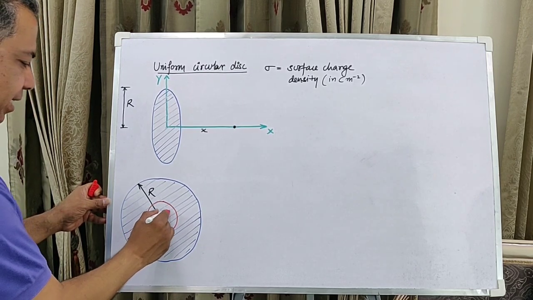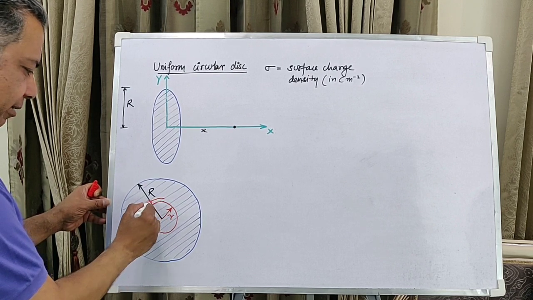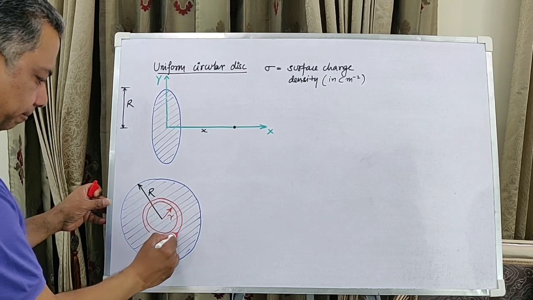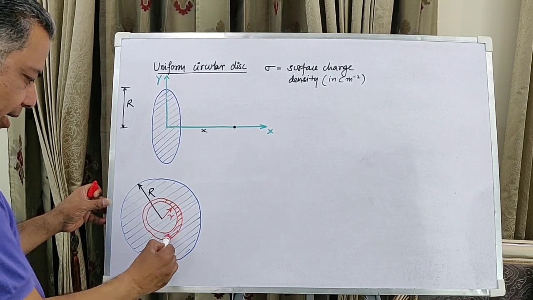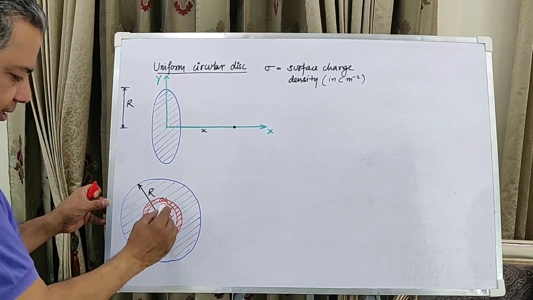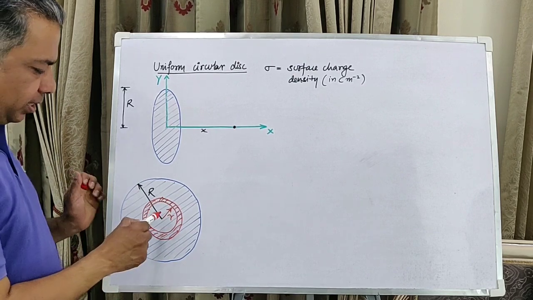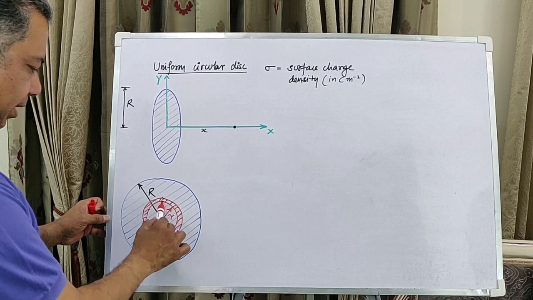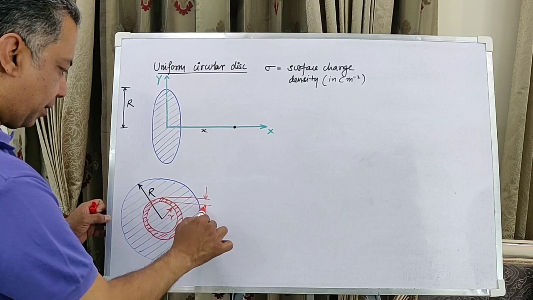Let's say it has a radius small r, and it has a width dr. Let me highlight it a little so that you understand what we are talking about. It's this shaded red area that we are now discussing. So this ring has a radius r and a thickness equal to dr.